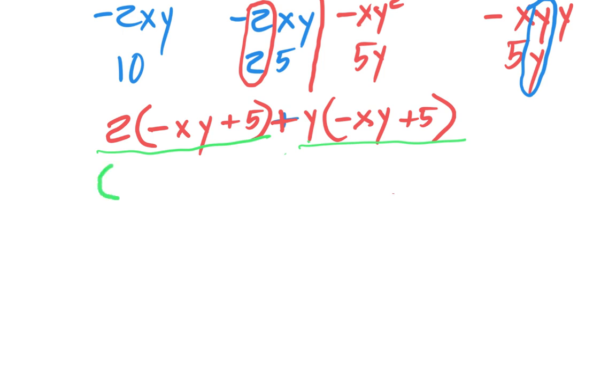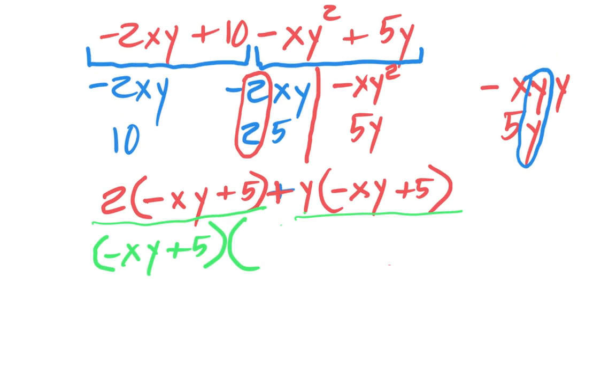So I'm going to factor out a negative xy plus 5. If I factor that out, what do I have left? I have a 2 on the outside and a y on the second term. All right, so I got my factor negative xy plus 5 times 2 plus y.